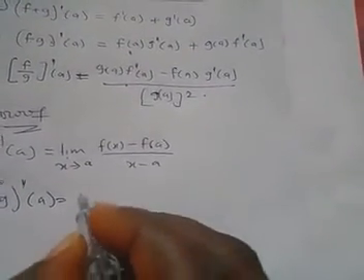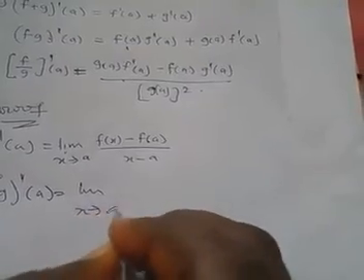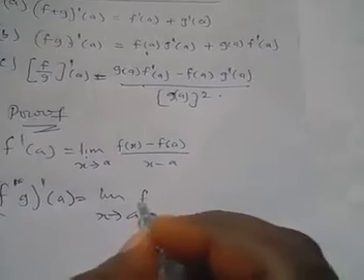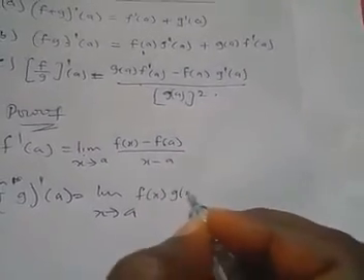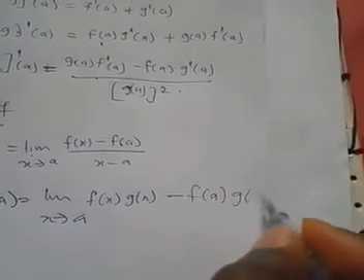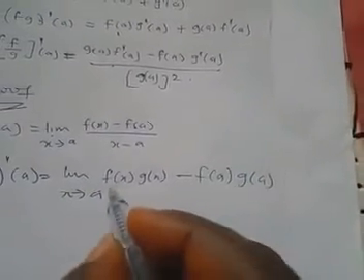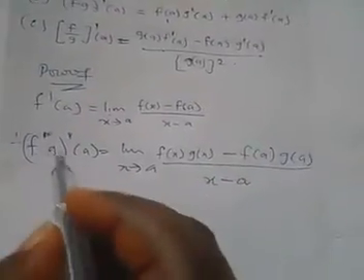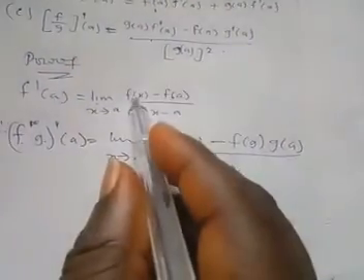This will just be the limit as s tends to a, the same thing. We are giving f and g together, so this is just f(s)g(s) minus f(a)g(a), because we are putting them together, divided by s minus a. This is just an ordinary f.